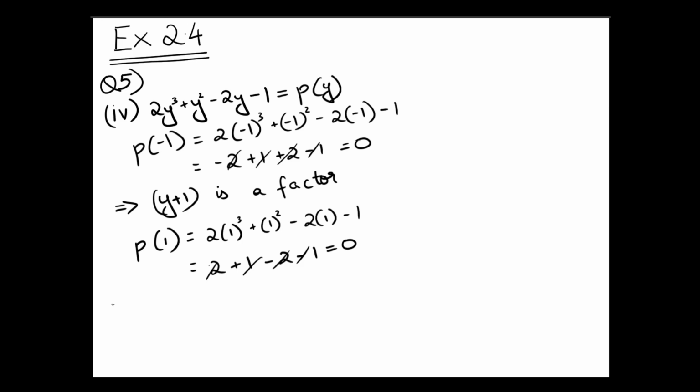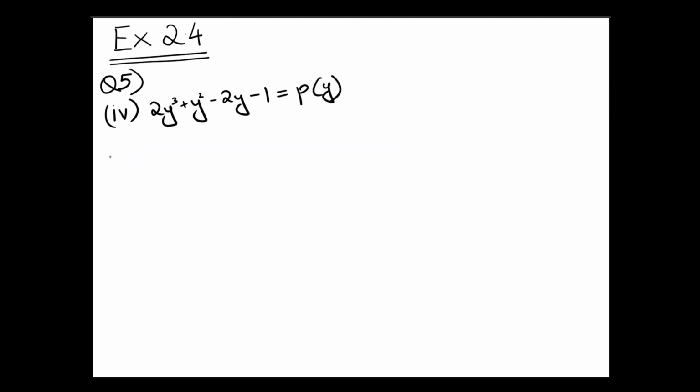And here the terms cancel each other out as well, implying that y minus 1 is also a factor. So two factors that we have so far are y plus 1 and y minus 1. To get the third factor is pretty simple.